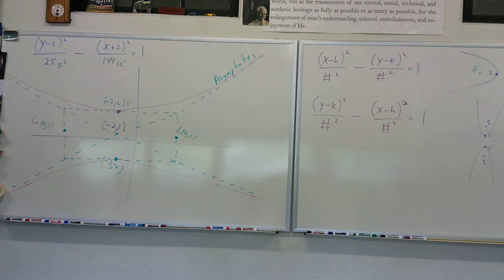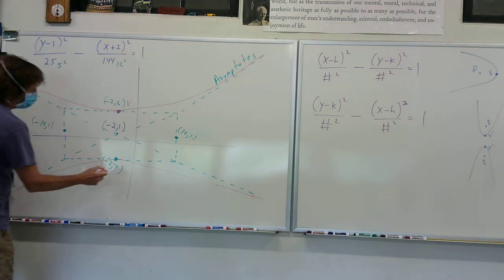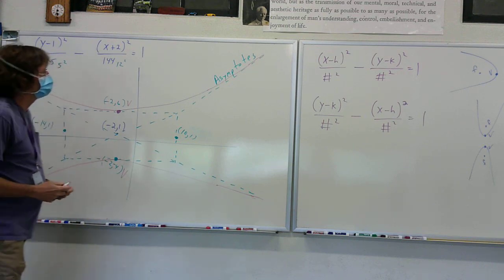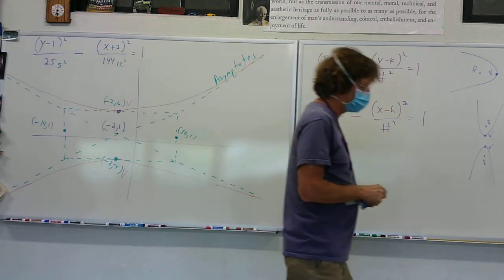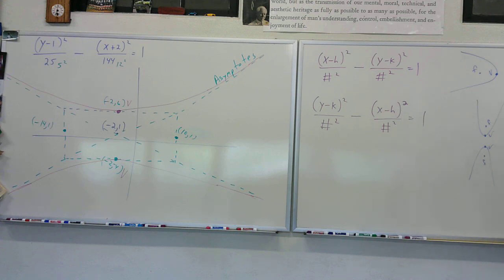Is that a good idea? Hey, and those are your vertexes. You've got your asymptotes, you've got your vertexes. At that point, you need your foci. We'll come back and talk about the asymptotes a little bit more because we've used them for what we need. We've got the shape of the hyperbola.